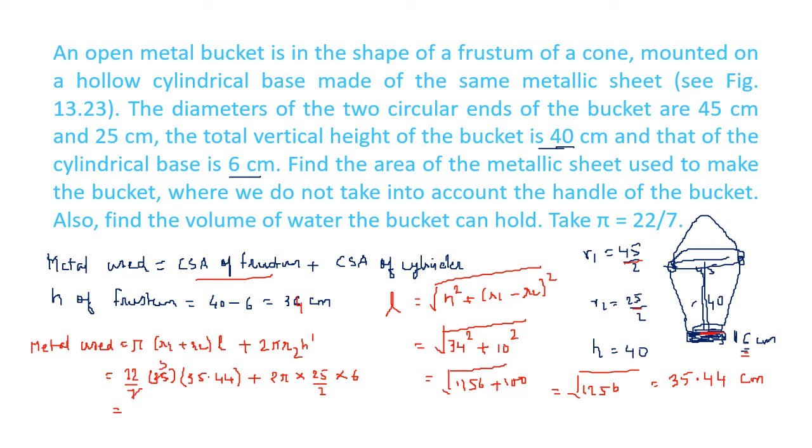So we have 22 into 35.44 plus 2 into 22 by 7 into 25 by 2 into 6, where the 2 gets cut. If you add it up and do the calculation, you get approximately 4860.9 centimeter square.